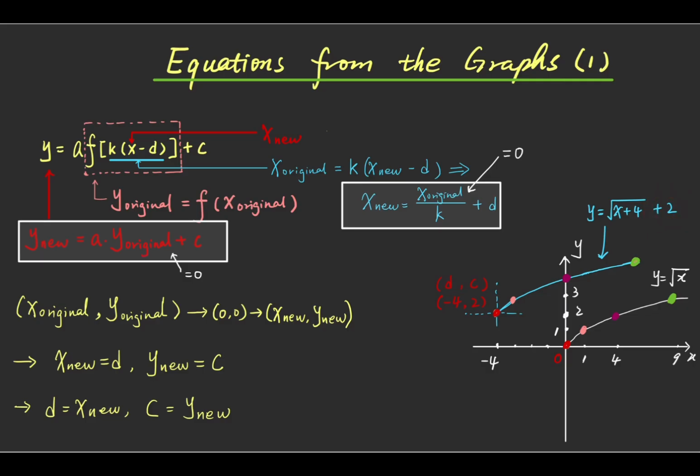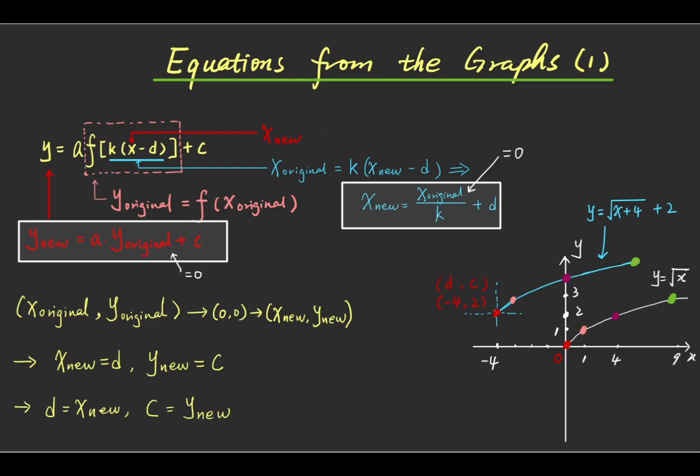Because the relationship between delta y and delta x has not been changed, the corresponding a and k, these two parameters, will be 1. Because there is no vertical reflection for this original graph, a will be +1. There is no horizontal compression, so k will be 1.